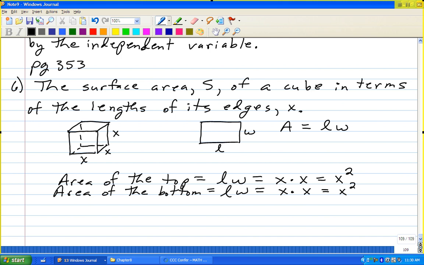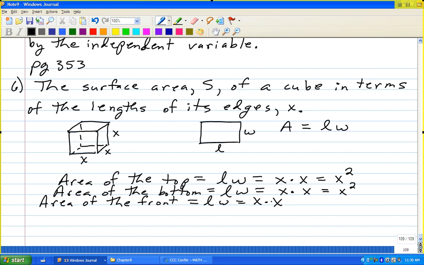And so the area of a side, so if I look at one of these sides here, let's say the front, the area of the front is just length times width.